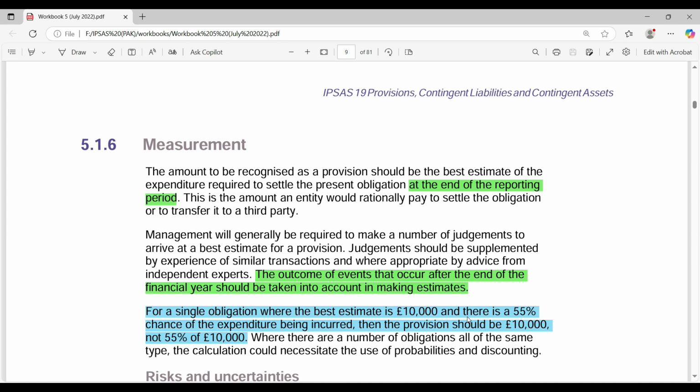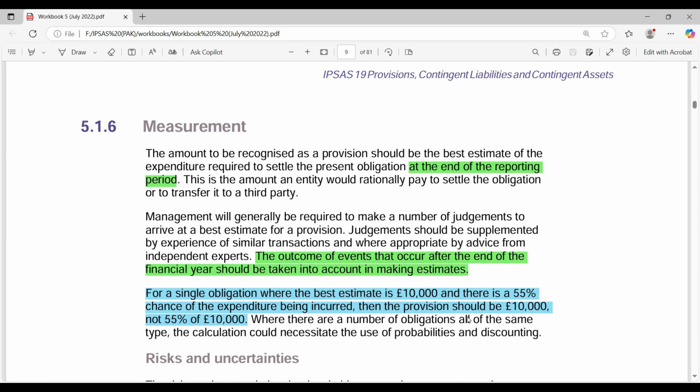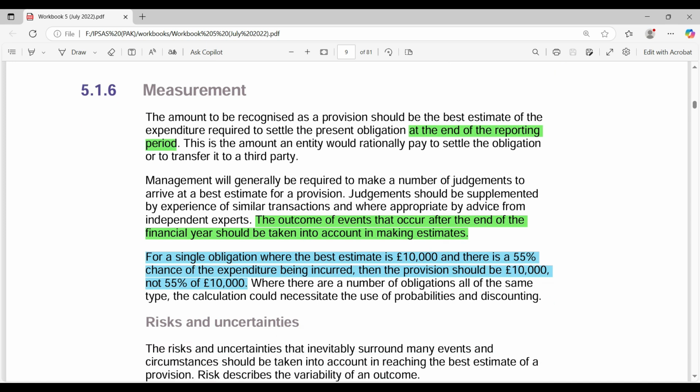Therefore, you only need to measure the provisions. The measurement of provisions is the only concern. When to measure? At the end of the reporting period. We need to measure the provisions at the end of the reporting period for placement in the financial statement.